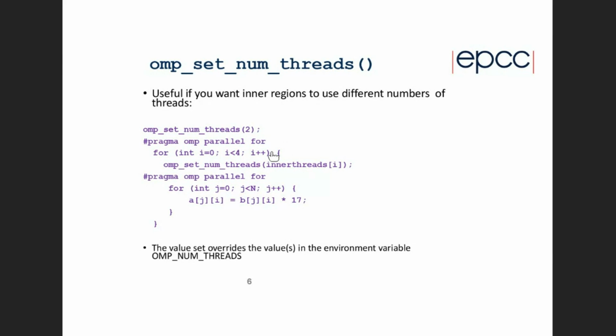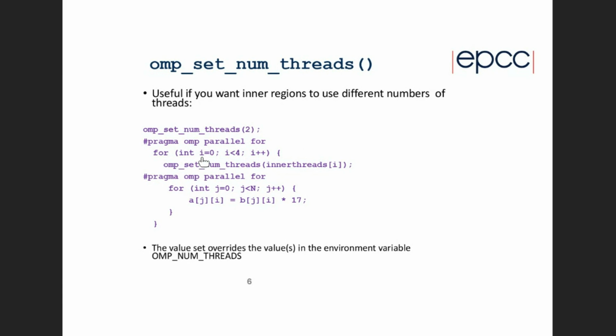So in the master thread, I can call omp_set_num_threads to be 2, and that will cause this outer parallel region to be executed by 2 threads. Each of those threads is going to get 2 different I values.